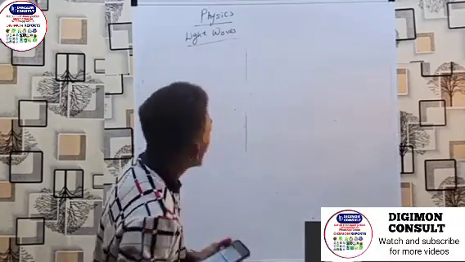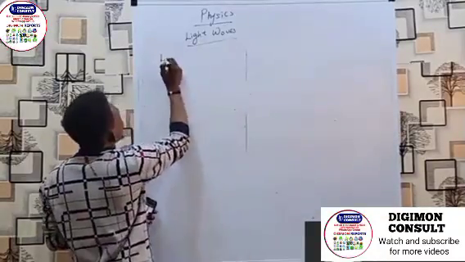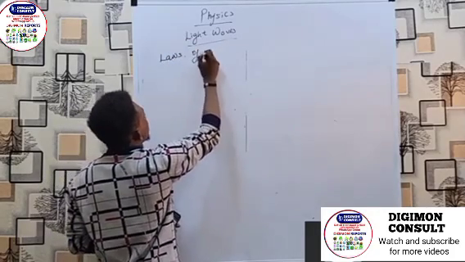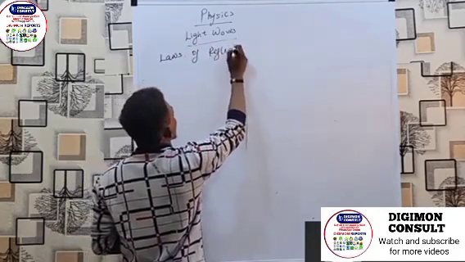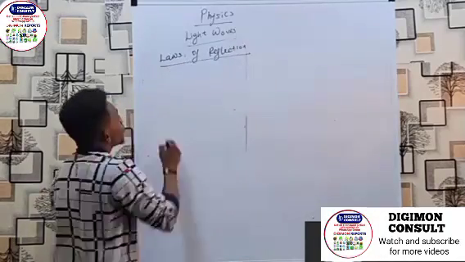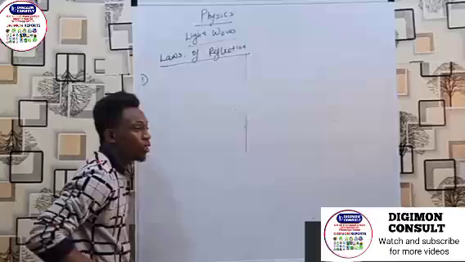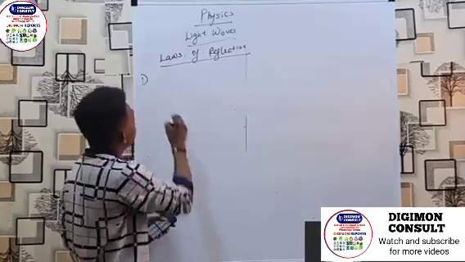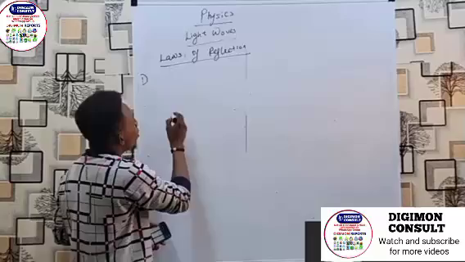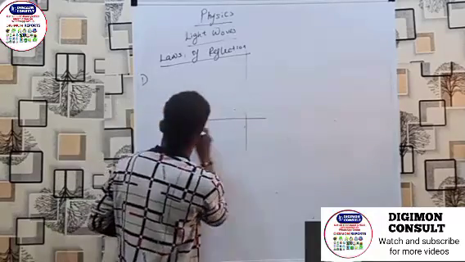Here's the thing. On plane mirrors, there are two laws that govern how the image gets reflected: the laws of reflection. Now, the first law of reflection simply states that the incident angle, the reflected angle, and the normal all lie on the same plane.